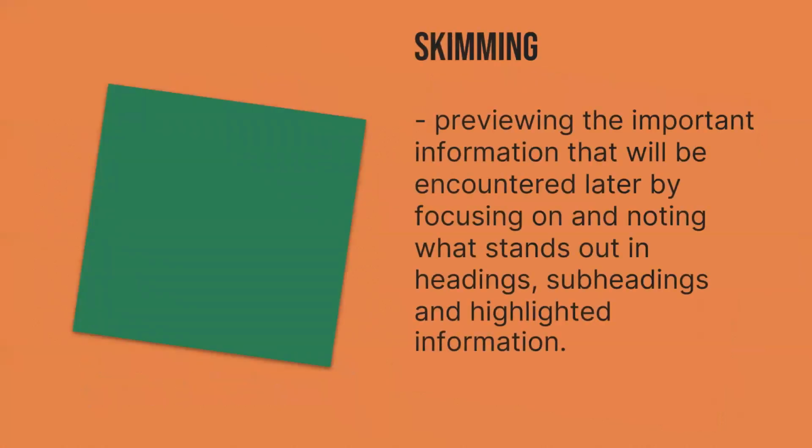The third one is skimming. Previewing the important information that will be encountered later by focusing on and noting what stands out in headings, subheadings, and highlighted information. So skimming is basically just focusing on highlighted information.